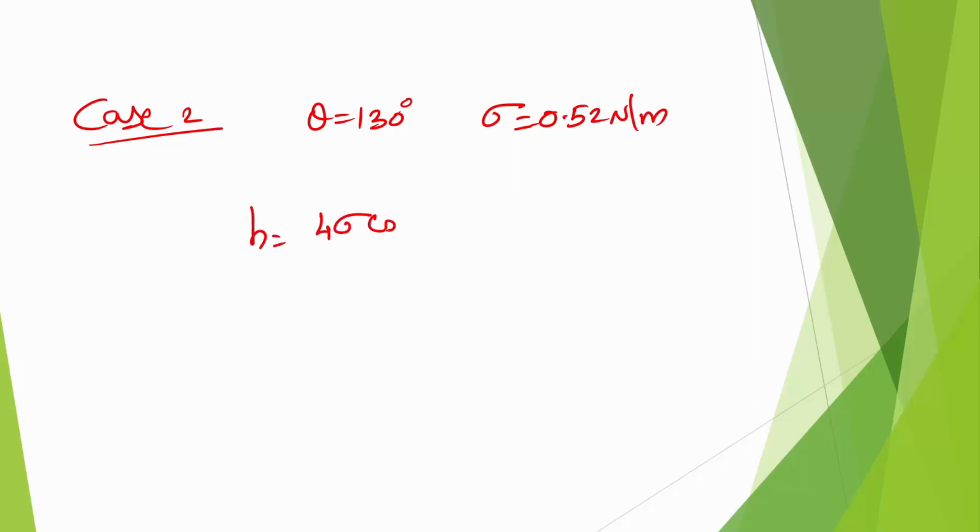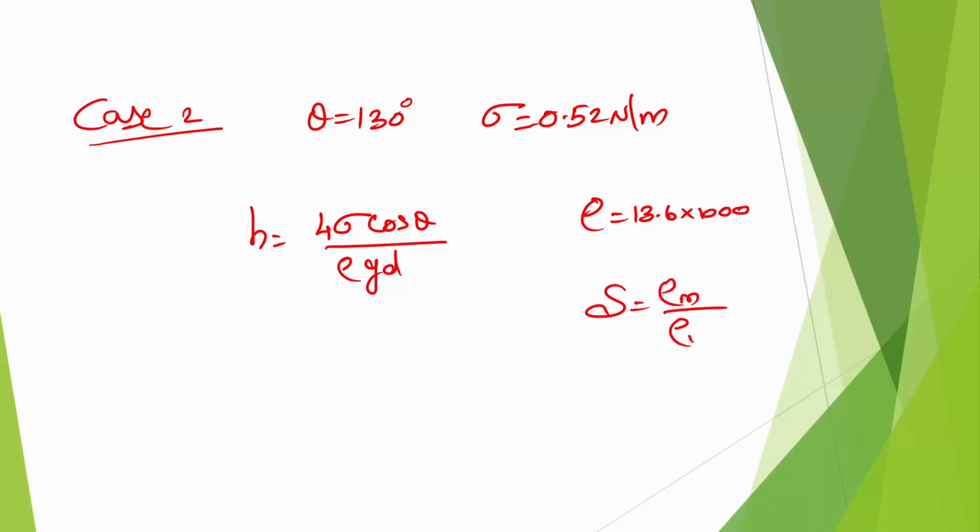Now for case 2, when you have mercury, theta is actually around 130. The surface tension is given as 0.52 Newton per meter. So your formula is H is equal to 4 sigma cos theta by rho g d. Now the density of mercury is 13.6 into 1000, as specific gravity S is equal to density of mercury by density of water.